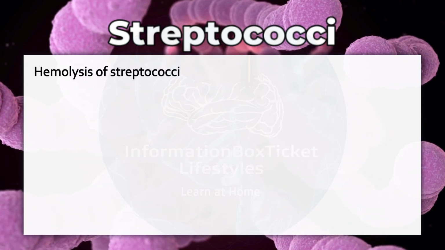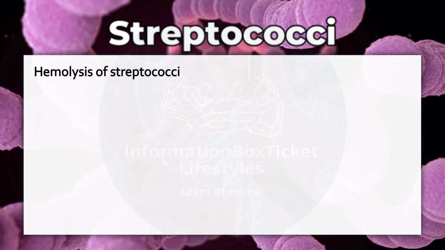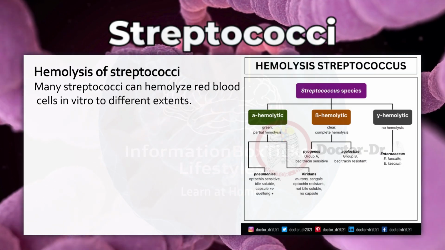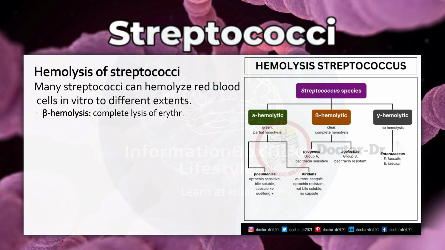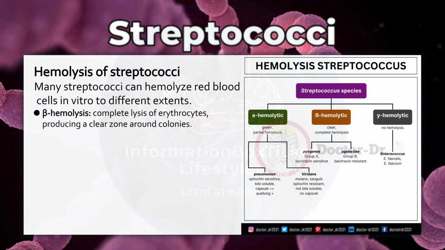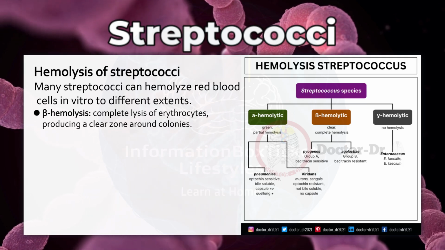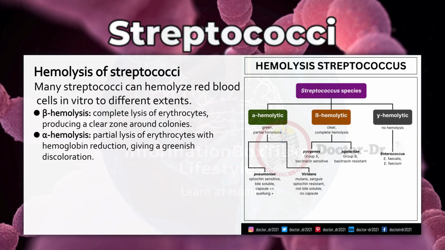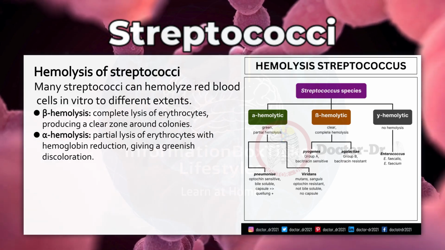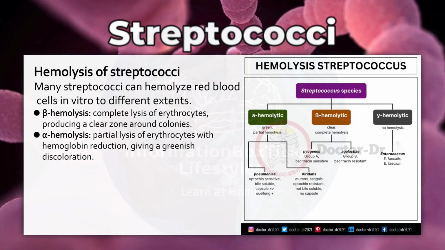Hemolysis of Streptococci. Many Streptococci can hemolyze red blood cells in vitro to different extents. Beta hemolysis: complete lysis of erythrocytes, producing a clear zone around colonies. Alpha hemolysis: partial lysis of erythrocytes with hemoglobin reduction, giving a greenish discoloration.